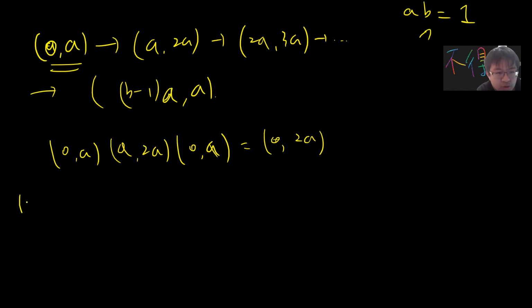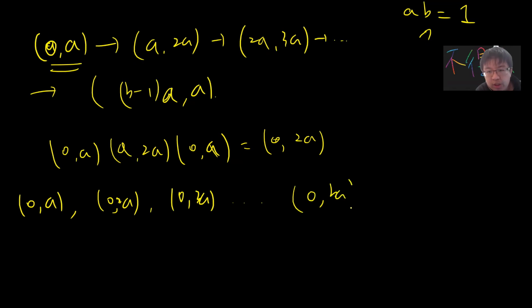So basically you can get (0 A), (0 2A), (0 3A), but you keep iterating, and finally you get (0 BA), where BA is 1. Okay, which proves that this Galois group over Q has the p-cycle (0, 1, 2, up to p minus 1) and (0 1).